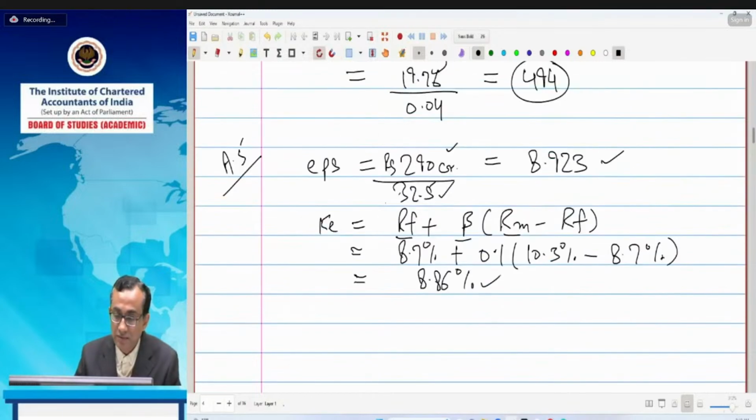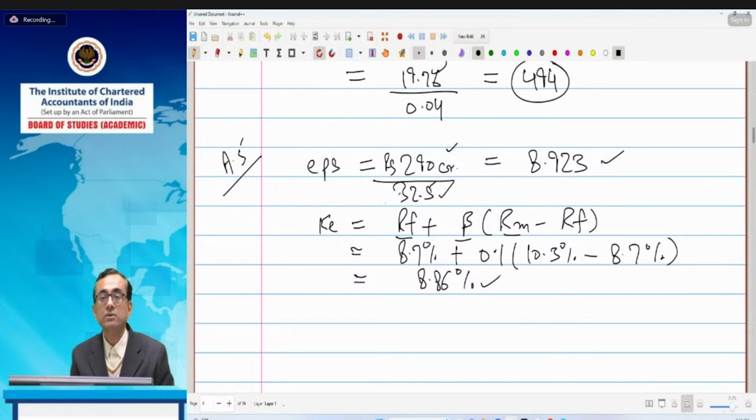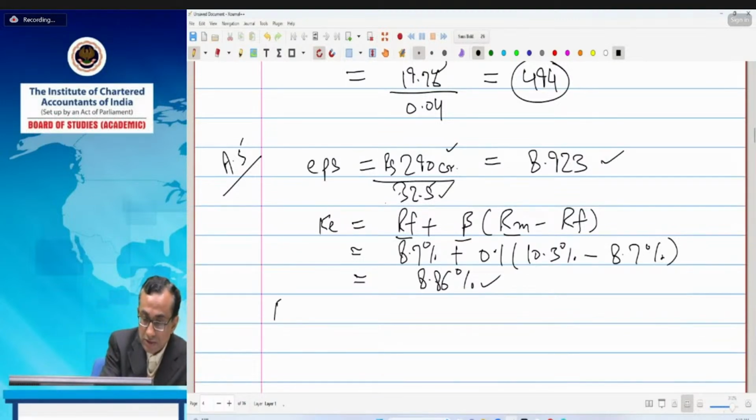Now let us calculate P0. Before calculating P0, we will calculate free cash flow to equity. So FCFE or free cash flow to equity is equal to what was the formula? How to calculate it?